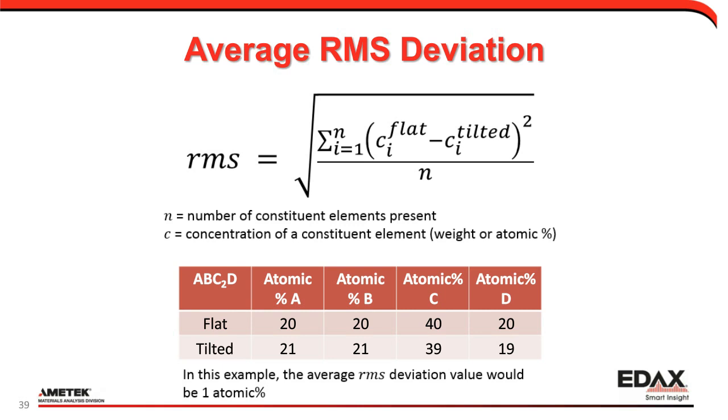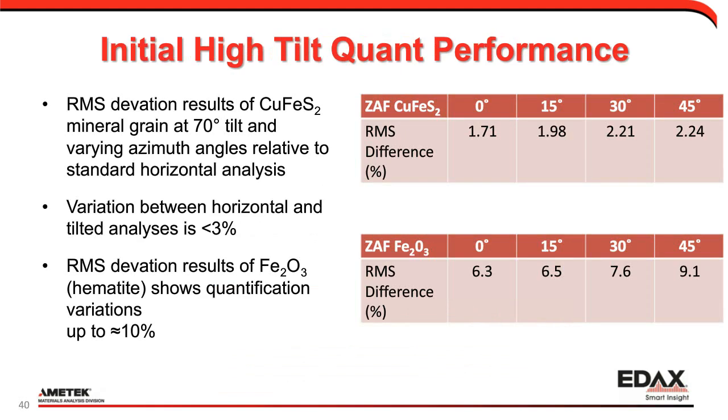The first time we did this, I picked a couple of different minerals here, and you can see the values here, the 0 to 45, that's if we're tilting either directly to the EDS detector or if we have some sort of an azimuthal angle relative when we're tilted. That's not really an issue when the sample is flat.